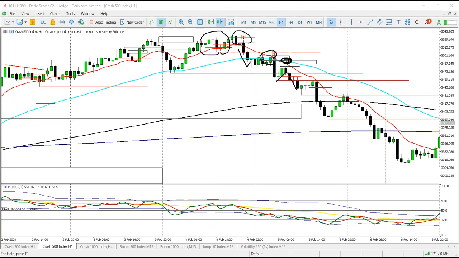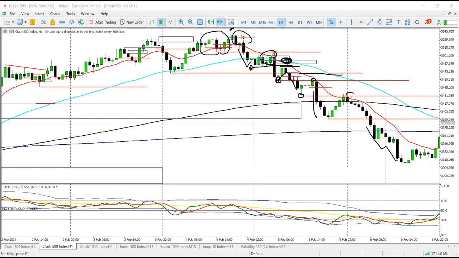Accelerated down. They didn't come back up here. They were just respecting the weak points on the wicks. So from the higher high, the lower high points, they were just tapping into it, setting a new one, breaking, tapping into it, all the way down here.